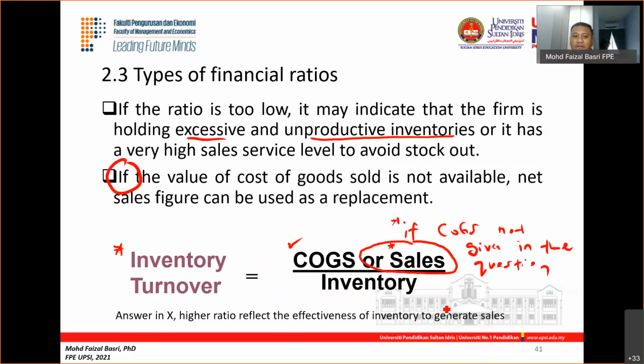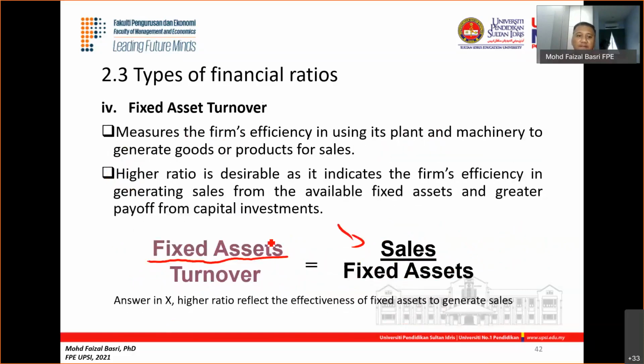But for this part, how we utilize the fixed assets in order to generate sales. So your comment will be on these two parts, fixed assets and sales. Again, the higher the ratio, the better, the more effective the managers utilize their fixed assets in order to generate sales.